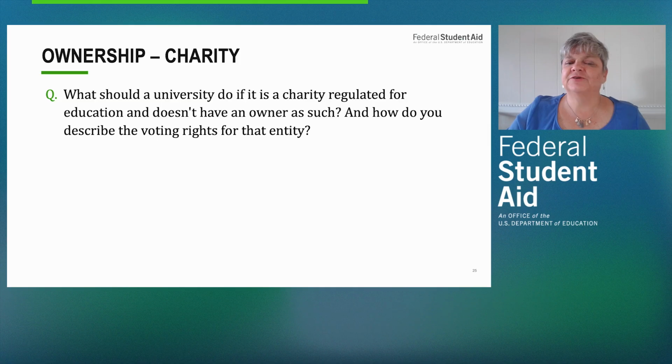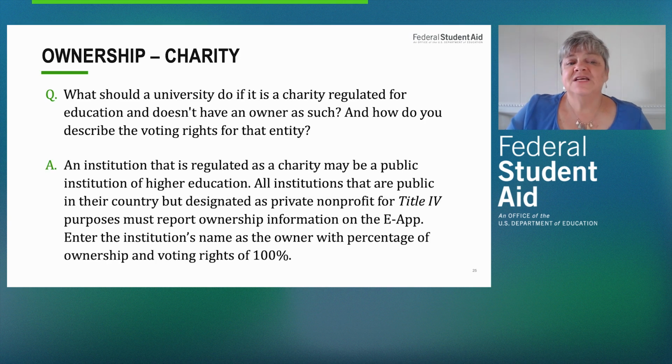What should a university do if it is a charity regulated for education and doesn't have an owner as such? And how do you describe the voting rights for that entity? Well, charities regulated for education may be public institutions, such as those in the UK that receive government grants for their students.